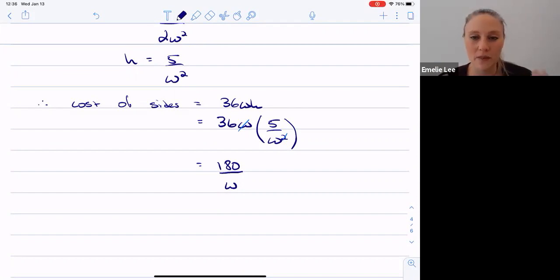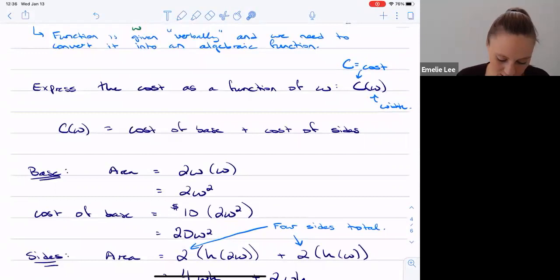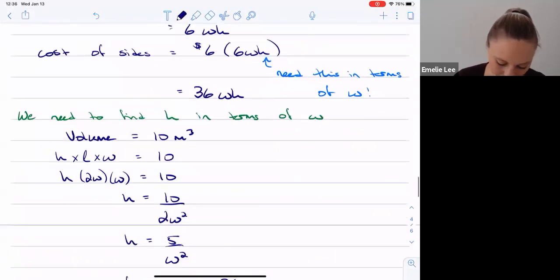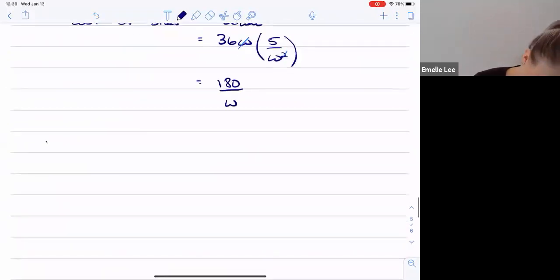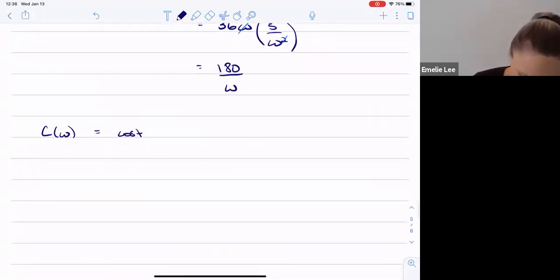So now I can put this all together. And so the overall cost, C of W, is the cost of the base plus the cost of the sides. So now I can put this together and then I'll be all done. So C of W is the cost, and I'm just going to write it out again because there's no harm in that.